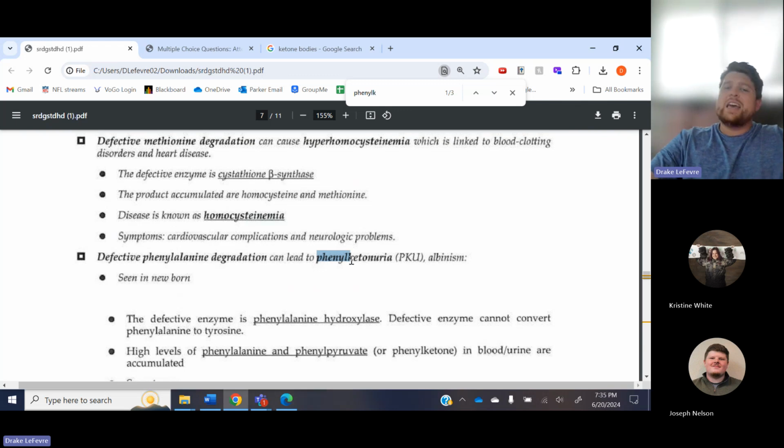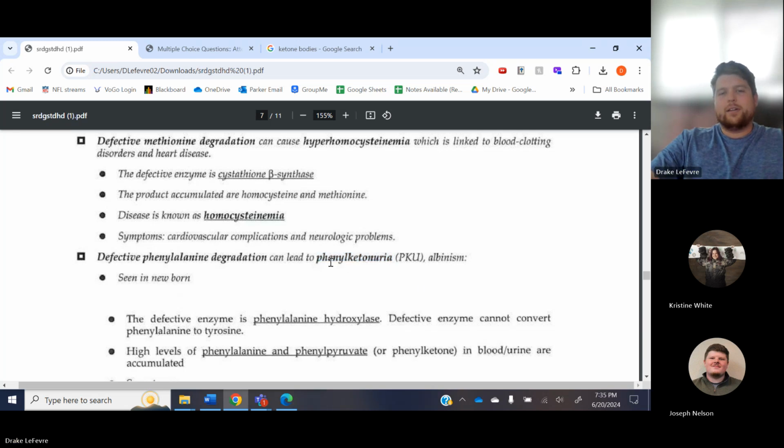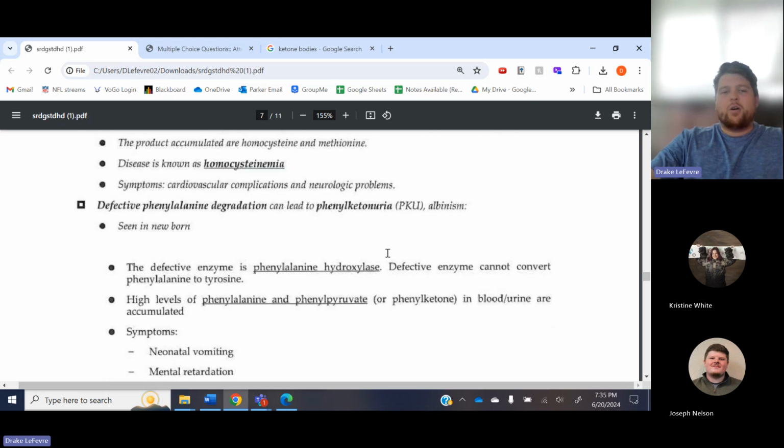If you watch shows like House MD or Grey's Anatomy, there's always an episode about phenylketonuria. In the big medical dramas, they essentially describe it as being allergic to this specific amino acid. It's seen in a newborn.